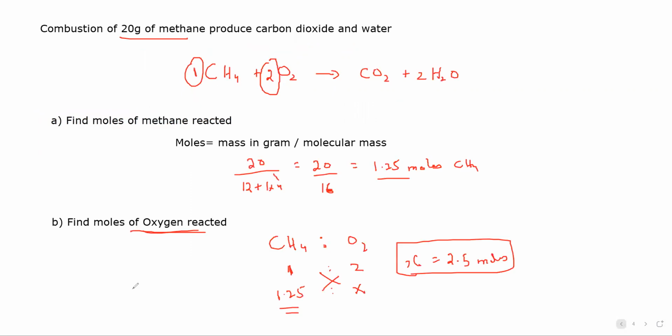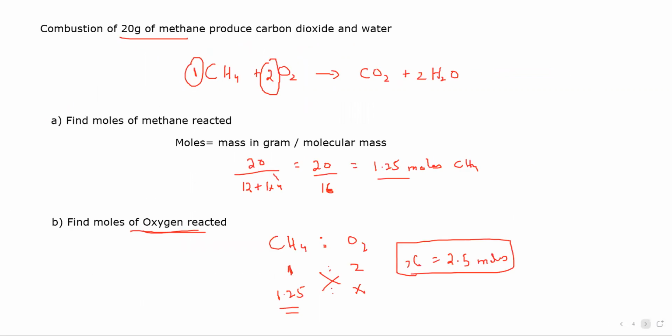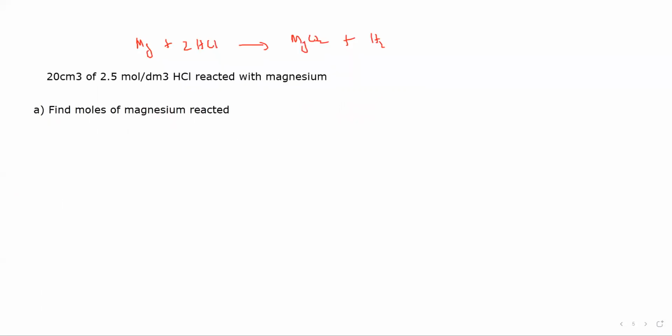So the formula when solutions are there is concentration into volume, with volume of solution in decimeter cube. So the formula is moles equal concentration multiplied by volume of solution in decimeter cube. So concentration of the solution is given, 2.5.